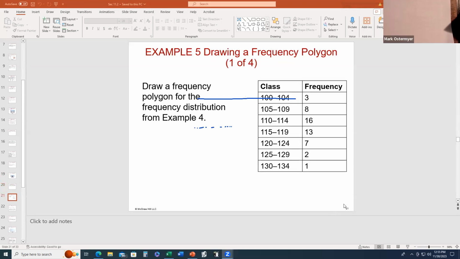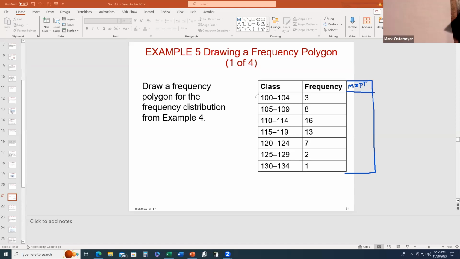So what we would have to do here is find the midpoint of each class. You'd probably have an extra column in your table called the midpoint column. And how do you find the midpoint of a class? Well, it's pretty simple.